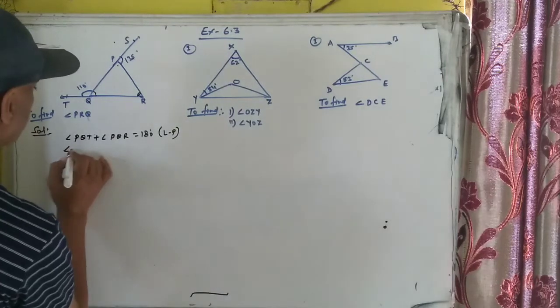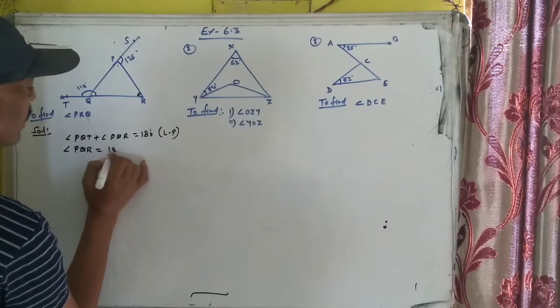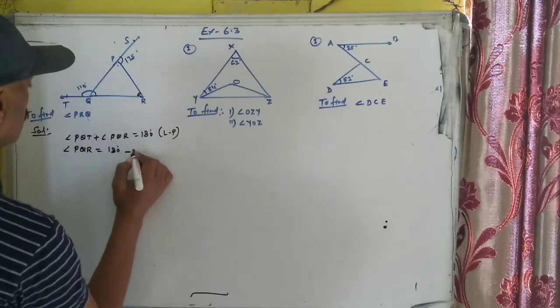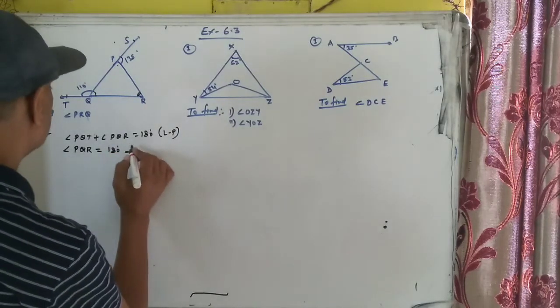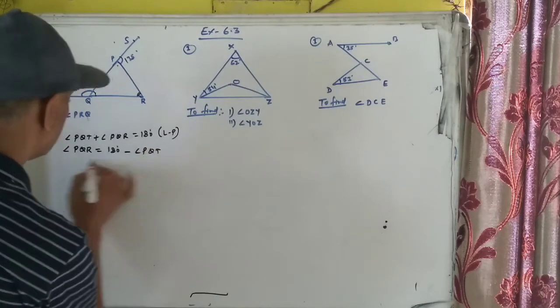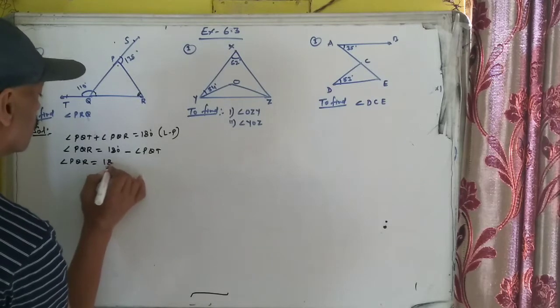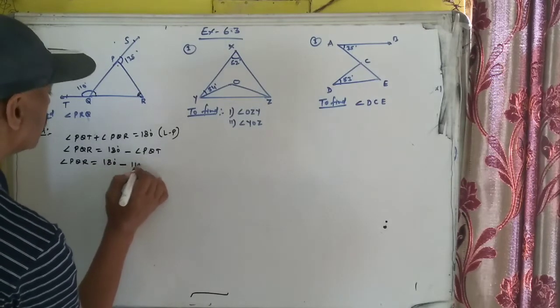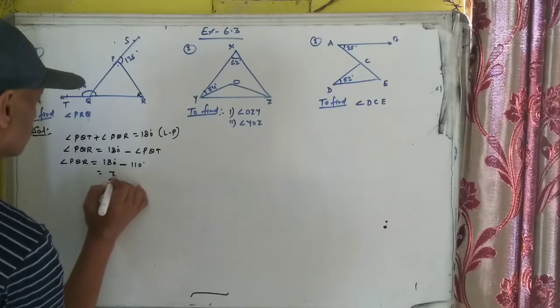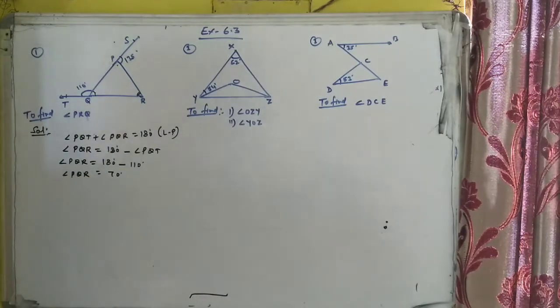From here we can get the value of PQR, and this will be 180 minus angle PQT. Now put the value: angle PQR equal to 180 minus 110. So PQR equal to 70.